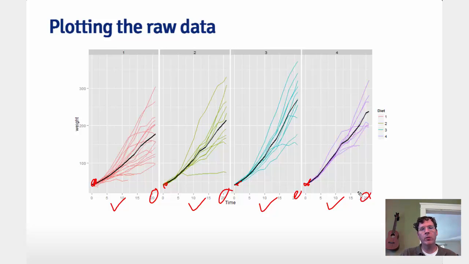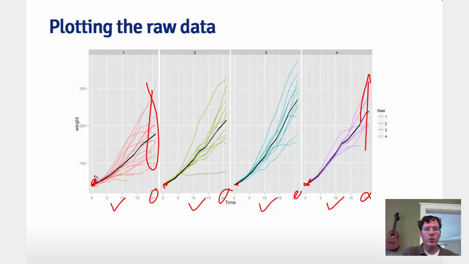You'll notice there are some things that are potentially suspect, though they're a little hard to ascertain because of the varying sample sizes. For example, there appears to be a lot more variation in the first diet than in the fourth diet, though there's a greater number of chicks in the first diet, so it's hard to compare the variability.